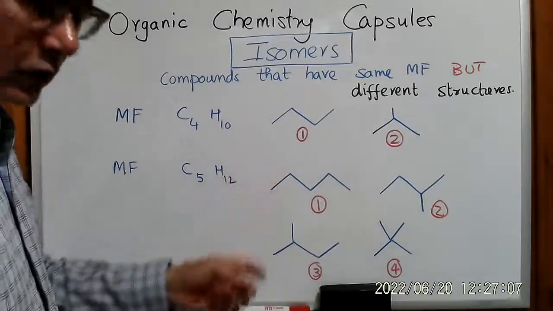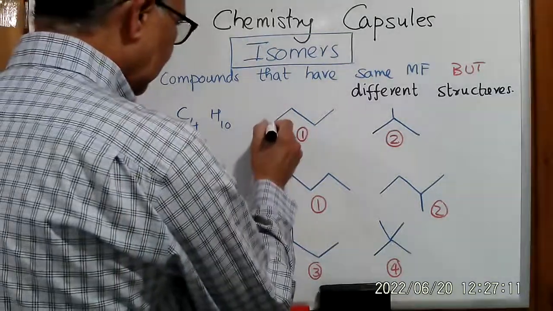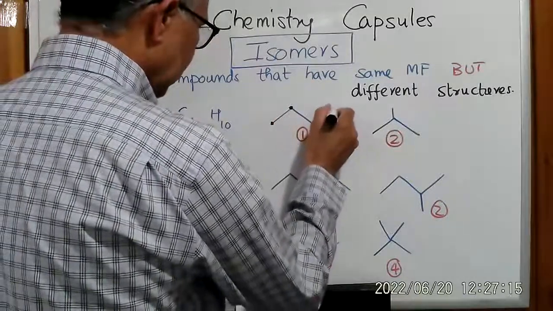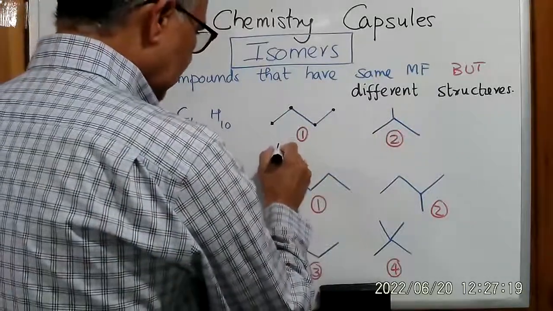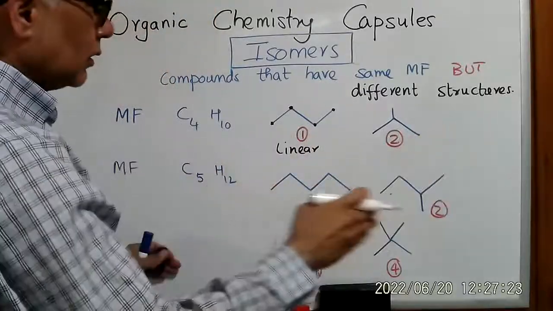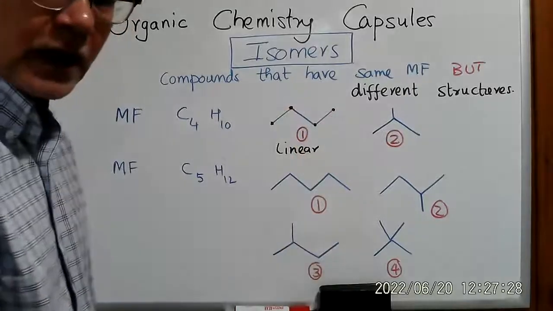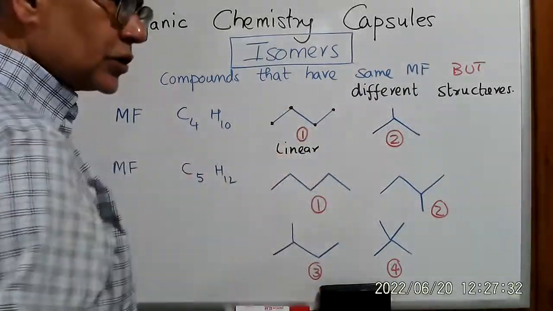The first one is 1, 2, 3, 4, four carbons all connected to each other, which we call a linear chain, a linear alkane. It's an alkane. It has only carbon-carbon single bonds. So it's a linear chain.